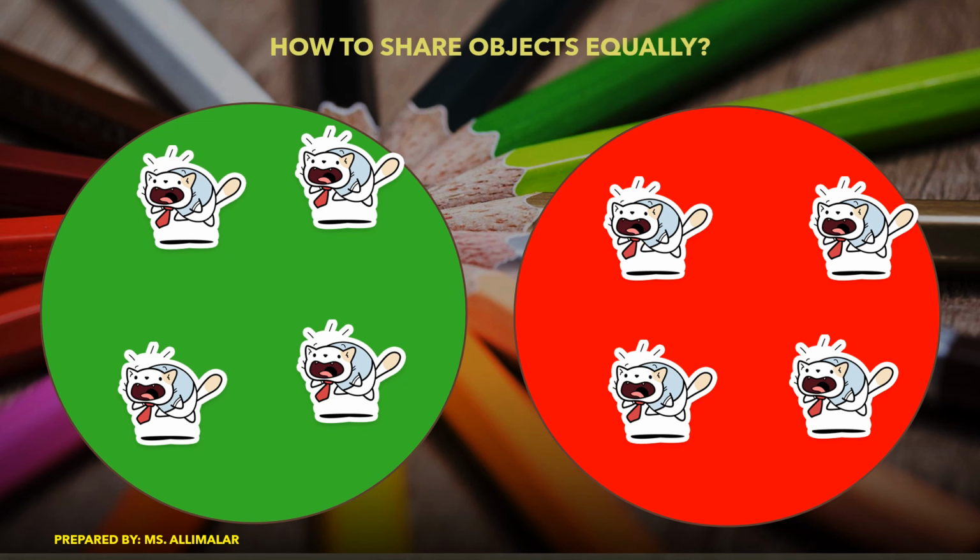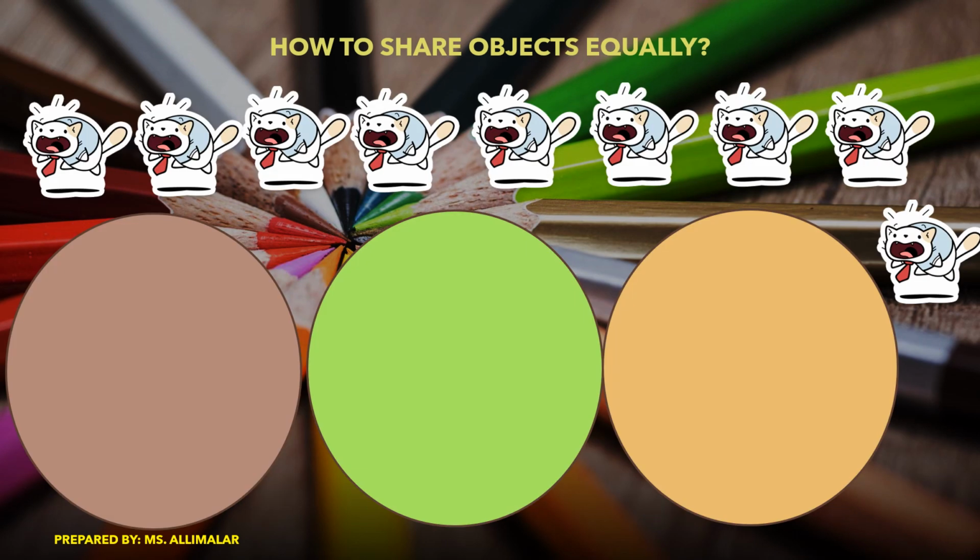I'm happy. If she has more than me, then I'll get angry. Right? So things must be equal. I have 4, my friend has 4. Clear, guys? That is called sharing equally. The number must be the same.